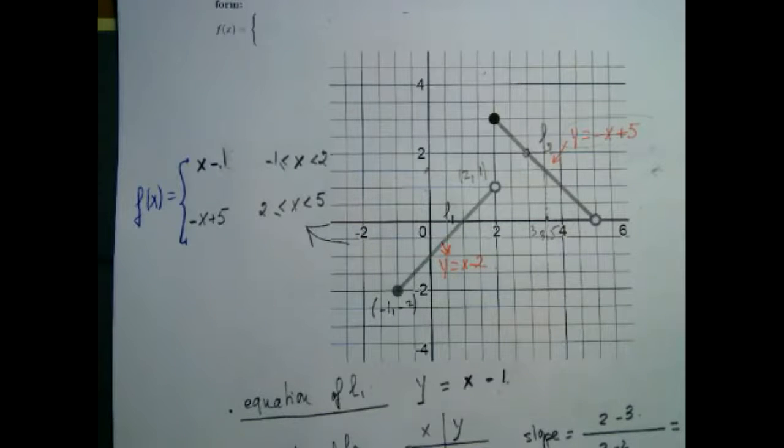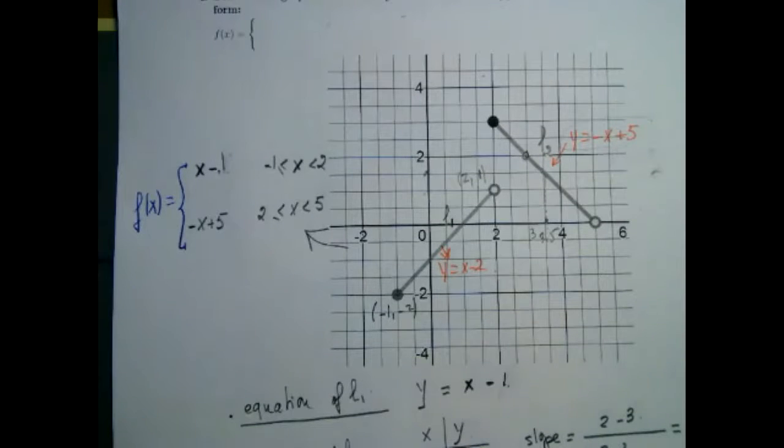Okay? So you find the formula for each piece, and then we write them carefully as one function. Now I'm going to ask one question. I hope it's clear. Let me see if I can make it very clear. My question is the following.